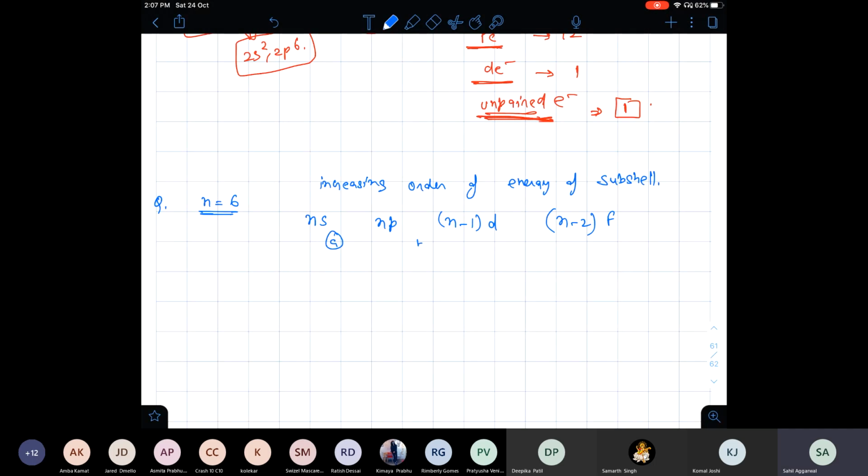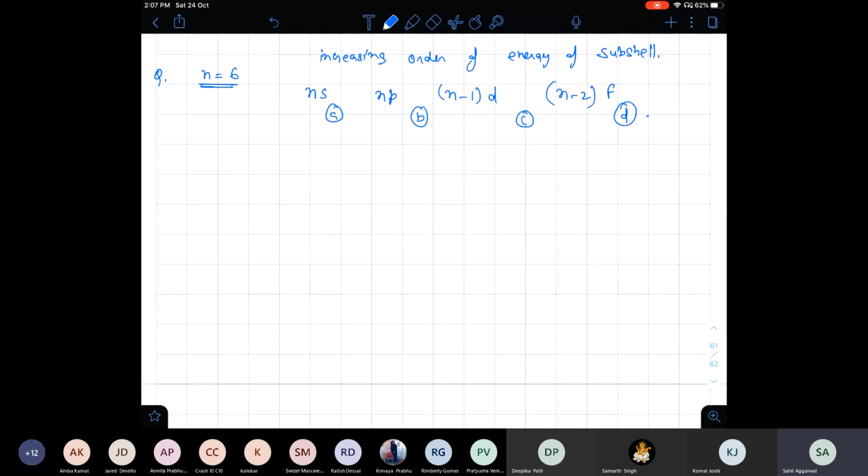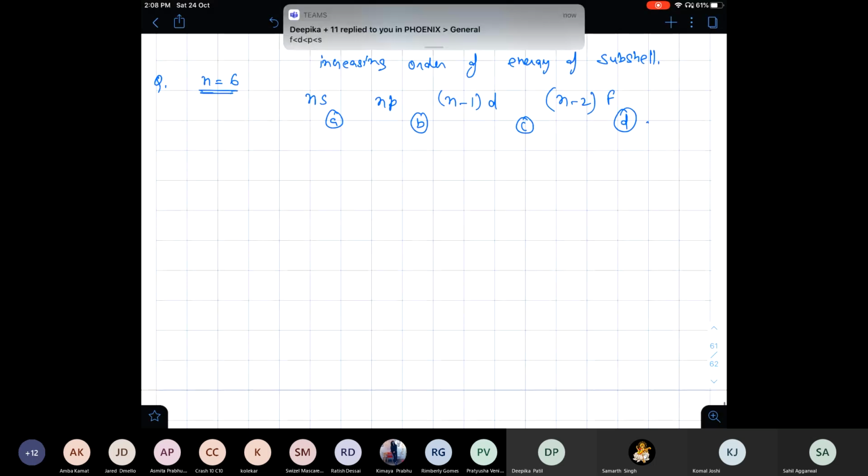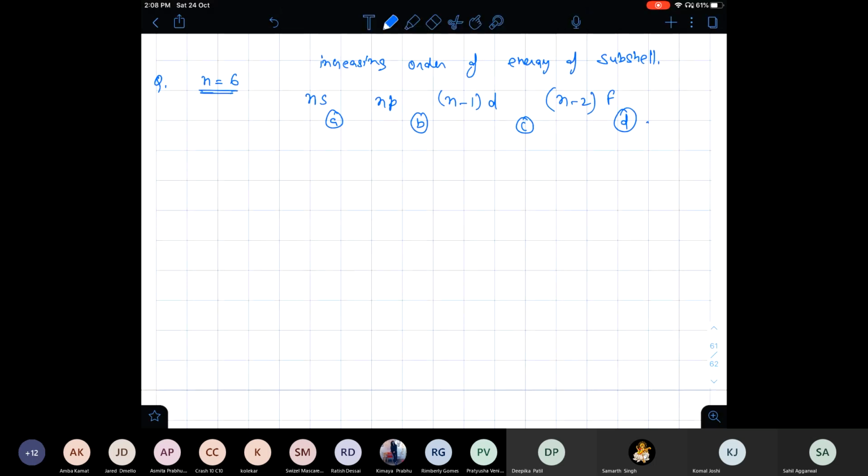Let us call this A, let it be B, let this be C, and let this be D. Increasing order of energy of subshell.